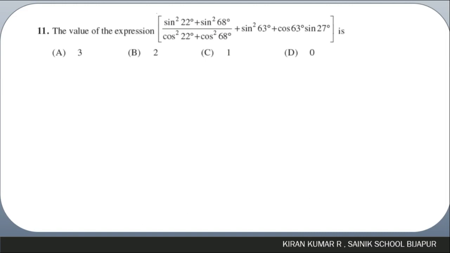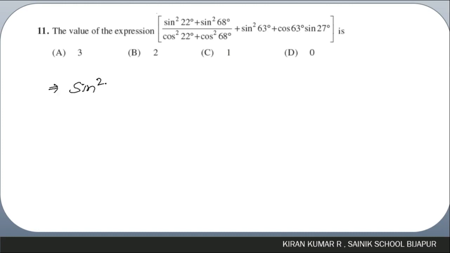Question number 11. The value of the expression sin square 22 plus sin square 68 upon cos square 22 plus cos square 68 plus sin square 63 degree plus cos of 63 degree multiplied to sin 27 degree is. I'll make use of complementary relation.